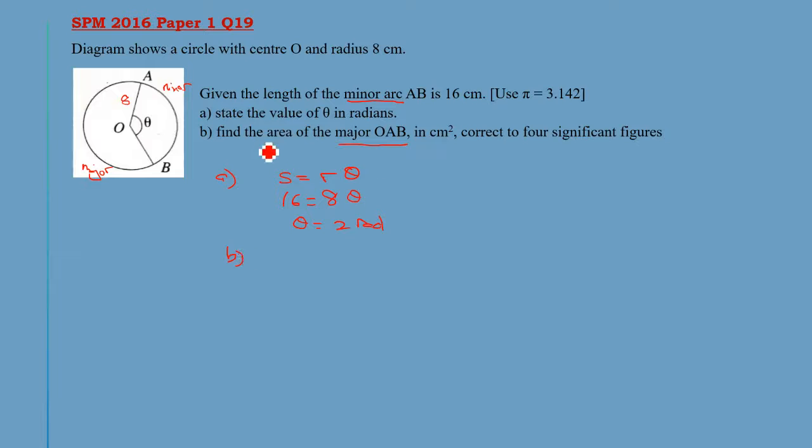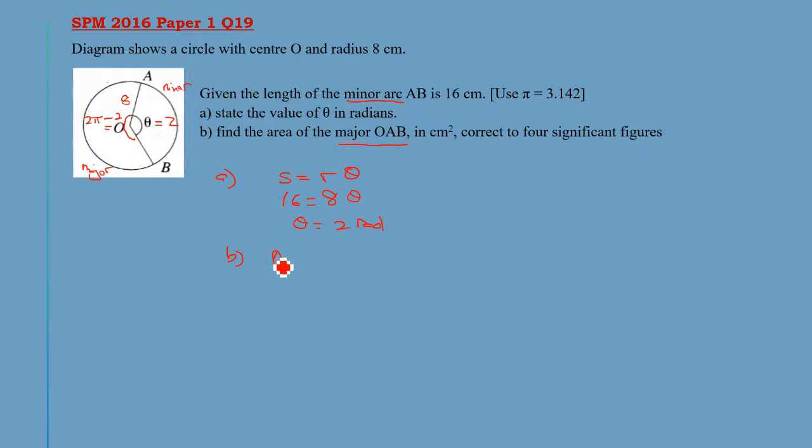The second part, find the area of the major OAB. So this is your major, this part. If theta is 2 radian, what will be the angle here? It will be 2 pi, because the total is 2 pi minus 2.